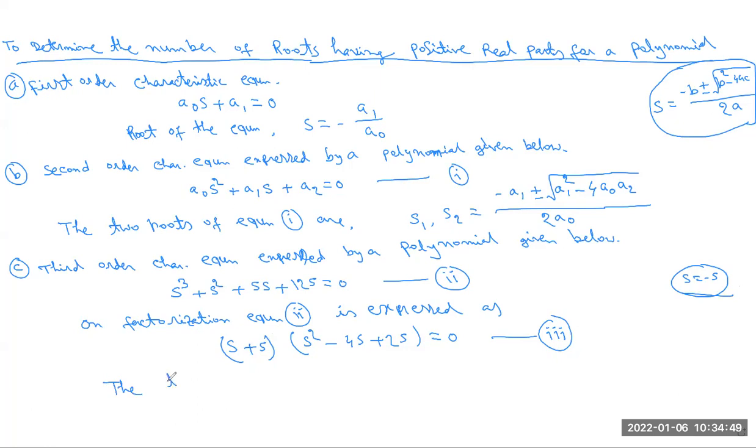The 3 roots of equation 3: the first root, s1, is equal to minus 5, because of s plus 5.